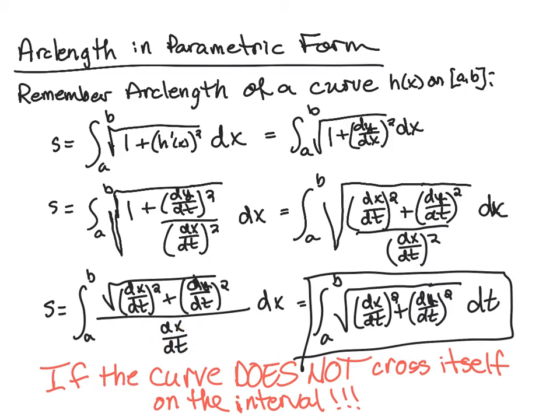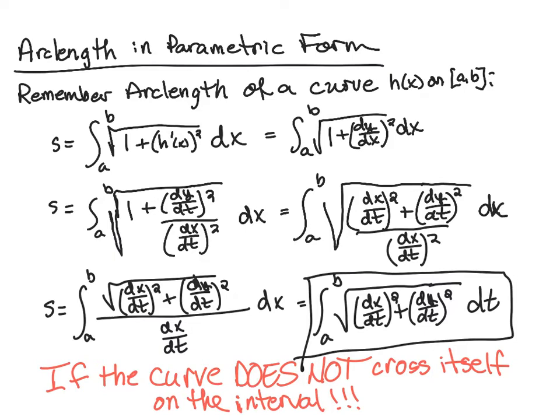Now, this gives me the derivative of x squared plus the derivative of y squared under the radical still. And when I invert this and multiply it, the dt comes to the top and the dx's cancel. And here is my parametric form of arc length, the square root of the sum of the squares of the derivatives.